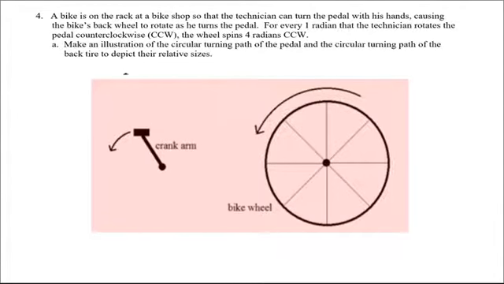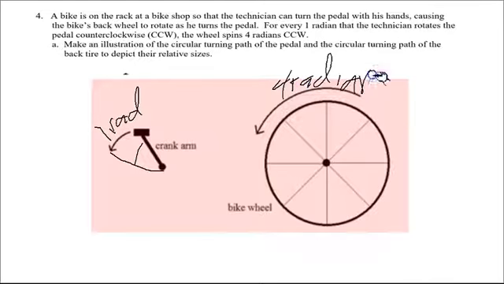For every one, if this is 1 radian of openness subtending this arc, then the wheel correspondingly will spin 4 radians, right? And it doesn't matter where I indicate this crank arm. I could put the crank arm here, and it's still going to correspond to a 4 radian change in the bike wheel.